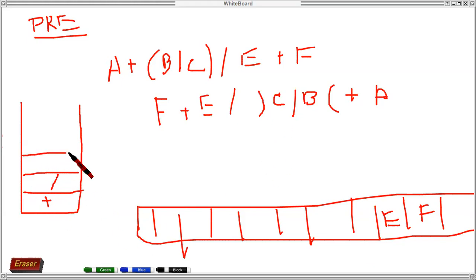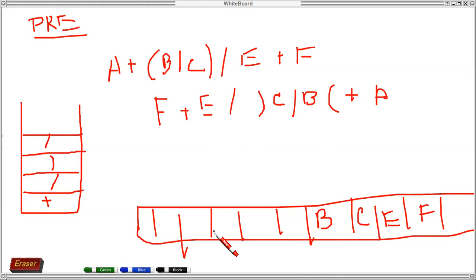Then you have the closing bracket. Now after the closing bracket, you have C. So C comes here. Then you have the division operator again. So the division operator will come at the top because this division is segregated by the closing bracket. Then B comes.